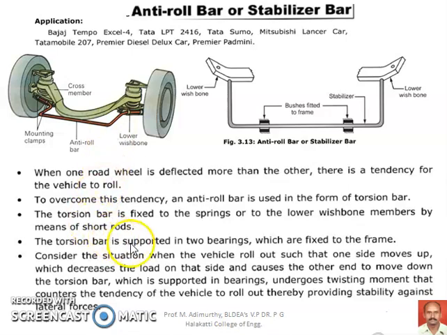This is fixed to the lower wishbone arms, as I told you, and is supported in bearings. Consider a situation when a vehicle rolls such that one wheel moves up, which decreases the load on that side and causes the other end to move downward. The bar undergoes a twisting movement and counters the tendency of the vehicle to roll out, thereby providing stability against the lateral forces.